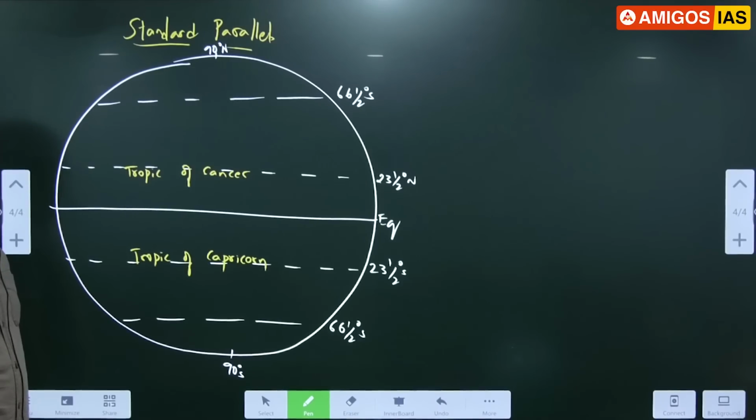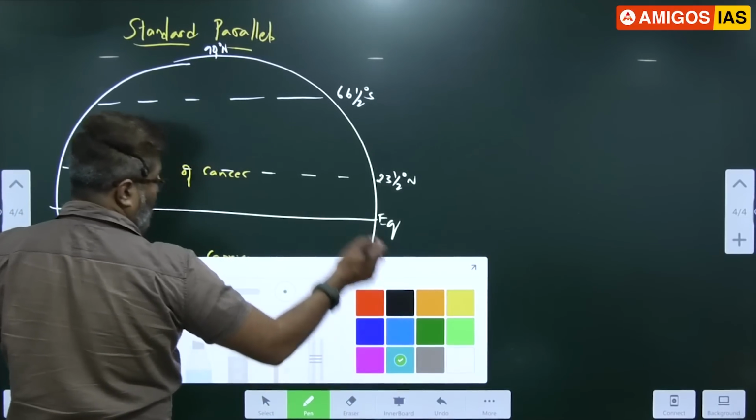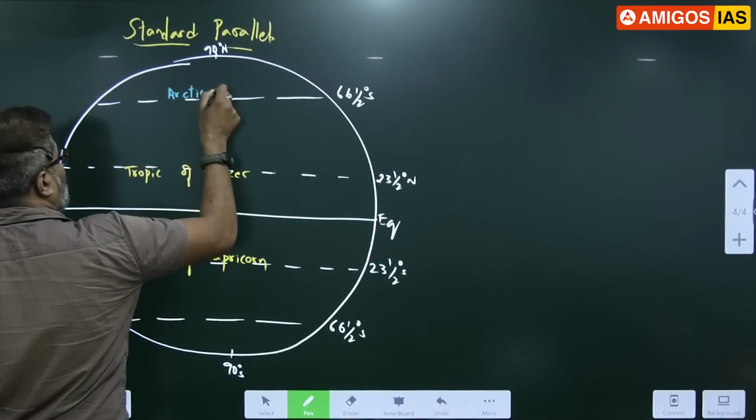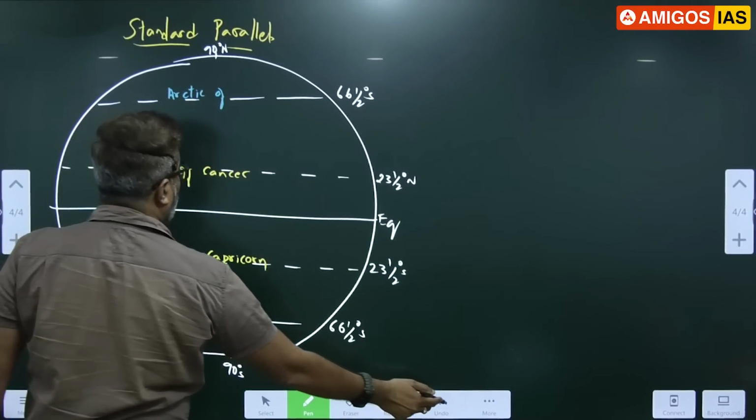Okay. Why are we marking this? You'll understand now. This is called the Arctic Circle.